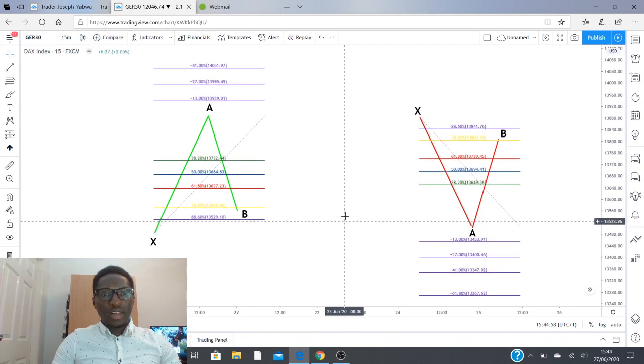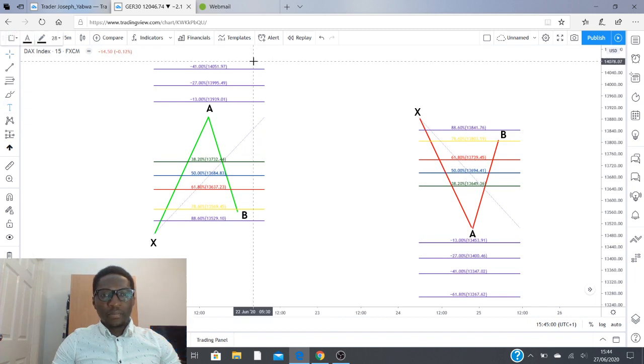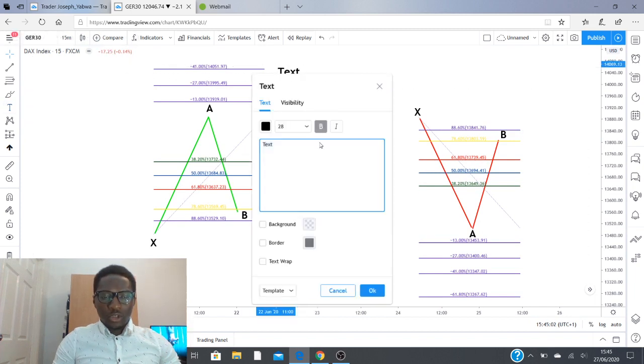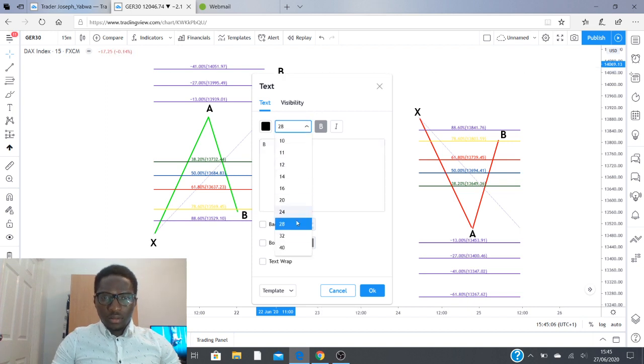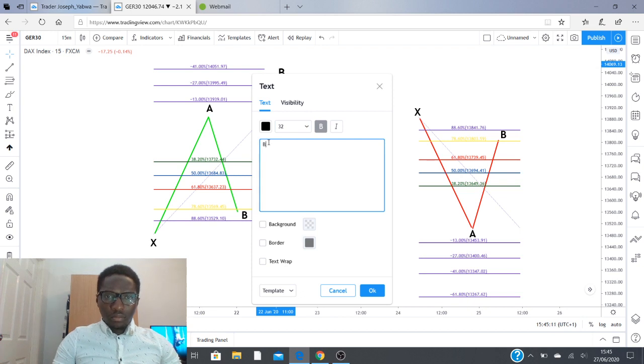Now let's try and write this down. Let's just put AB to clear things up. So this is a rule for the AB leg.